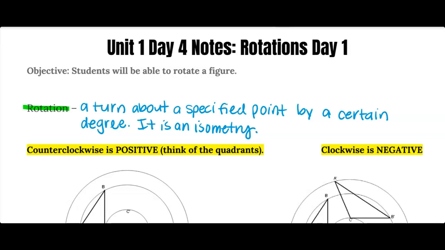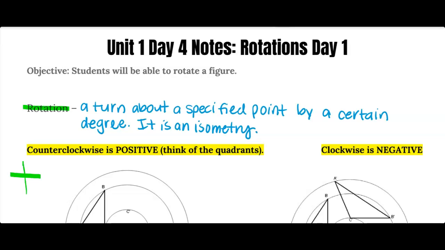One thing to note, counterclockwise is positive, so it would be labeled in a positive degree. So when you get into Math 3 and you start talking about trigonometry, you'll start talking about angles, and if it's positive, it's always counterclockwise. Think about your quadrant system in a graph.